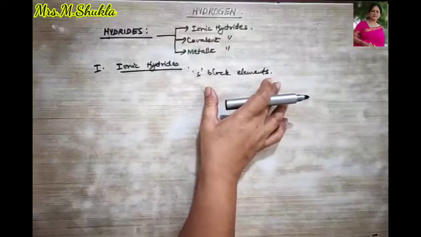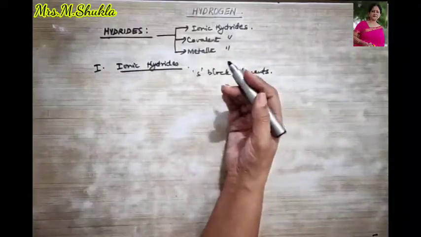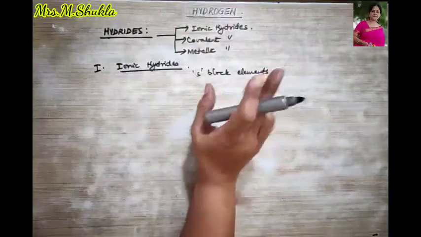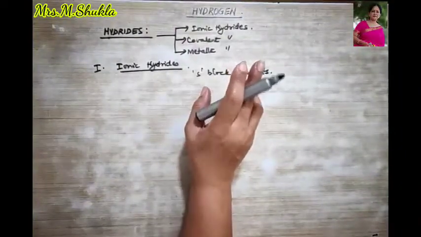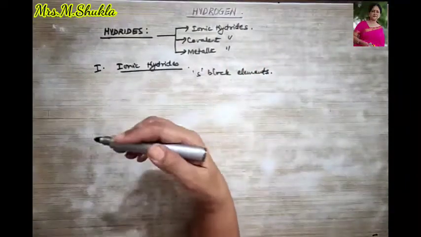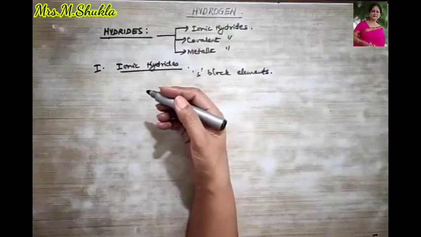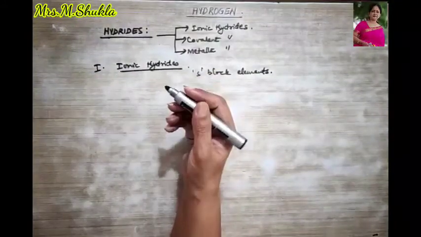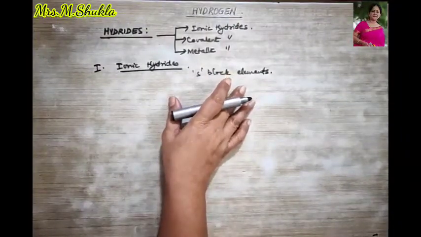It is your S block elements, and they are highly electropositive in nature, but significant covalent character is found in the lighter metals such as lithium hydride, beryllium hydride, and magnesium hydride. They are all polymeric in nature.